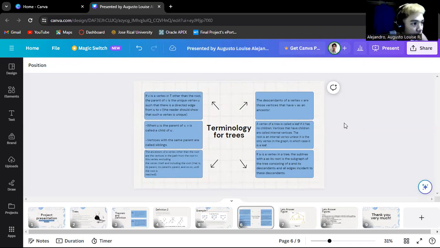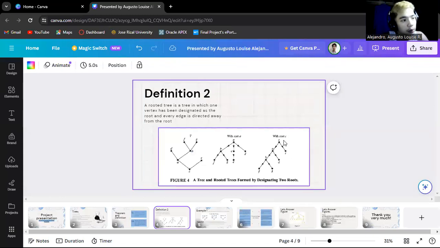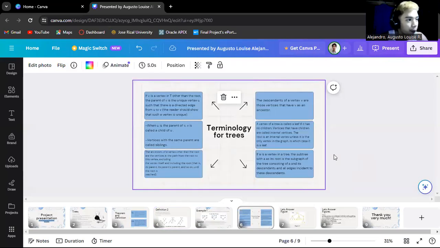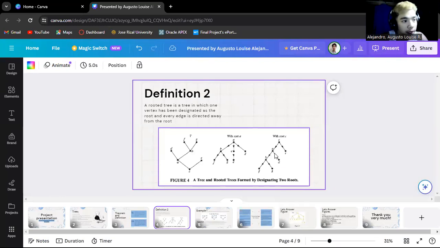When U is the parent of V, V is called a child of U. Like in this tree, you can see that C is the parent of A and E, so A and E are siblings. Vertices with the same parent are called siblings, like I said earlier, A and E are siblings.